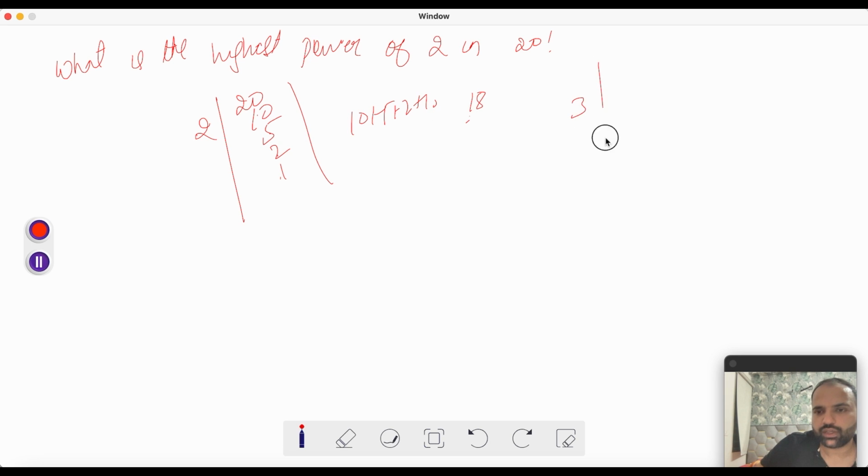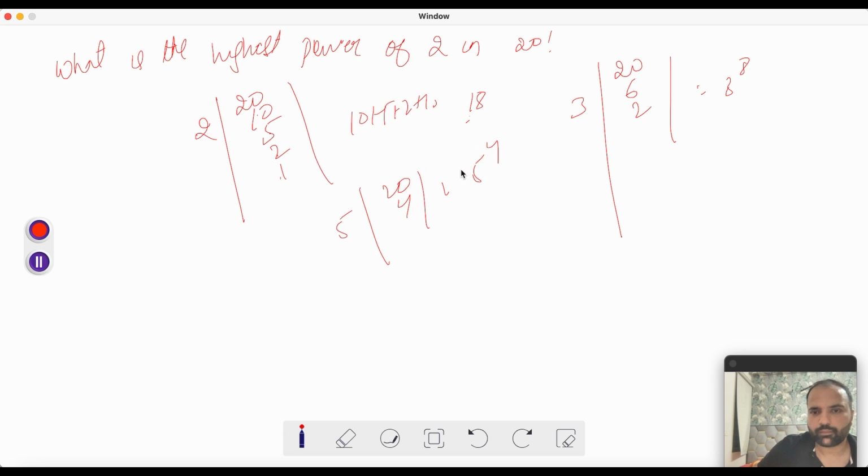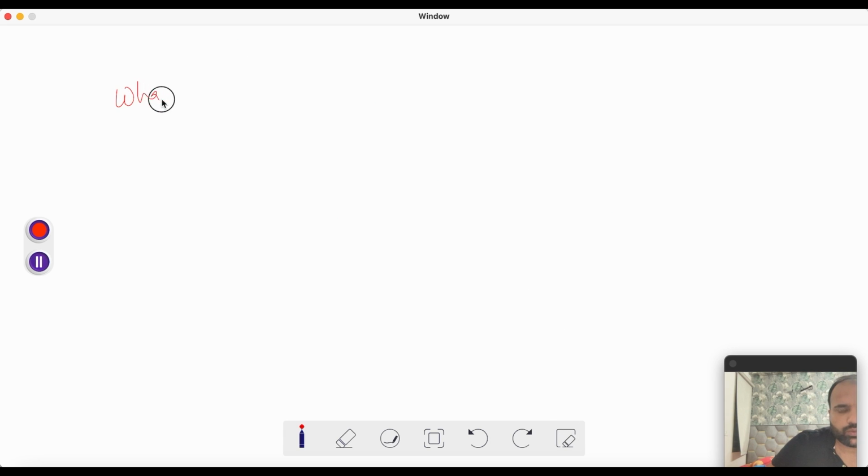Can we calculate with 3? So how is it? 3 6 18, 3 2 8, so for 3 it will be 8. 5 4 20, so 5 is 4 times. So this is how we calculate the highest power of 2, or any number it can be. So if I ask you what is the highest power of 2 in 100 factorial, then we'll do for 3 as well, and 5 as well.